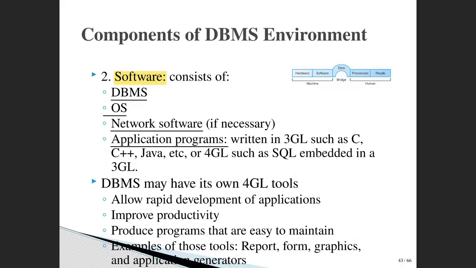Application programs, as we mentioned, can interact with the database management system and can be written in a third generation language or a fourth generation language. We mentioned that, right?